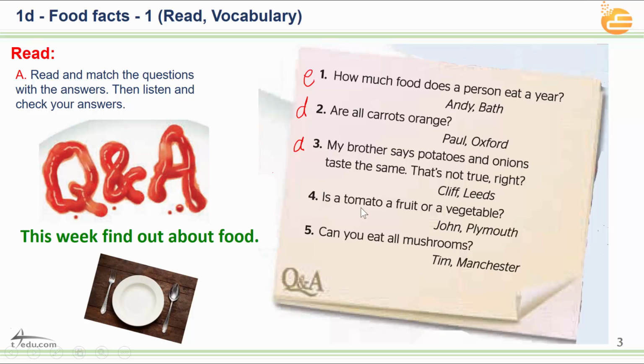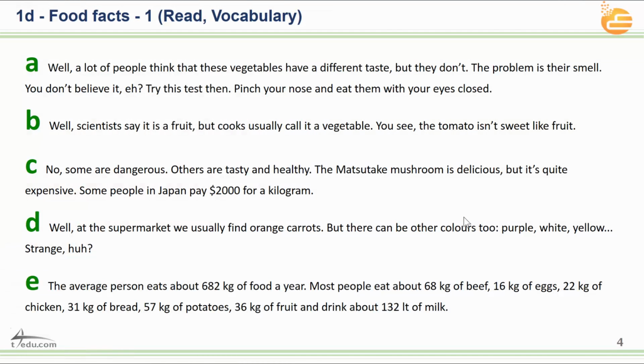Number 4, is a tomato a fruit or a vegetable? Is it fruit or vegetable? What is the answer? Which one? Excellent. B, that's right. Well, scientists say it is a fruit, but cooks usually call it a vegetable.